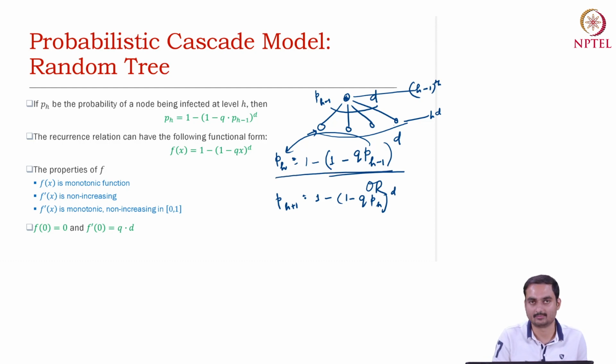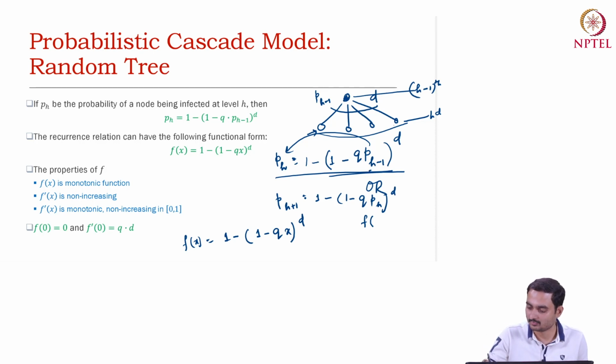So now how do we solve this problem? If you think of it carefully, this is essentially f of x equals 1 minus... So you start from this root node, and this root node is already infected, so the probability is 1.